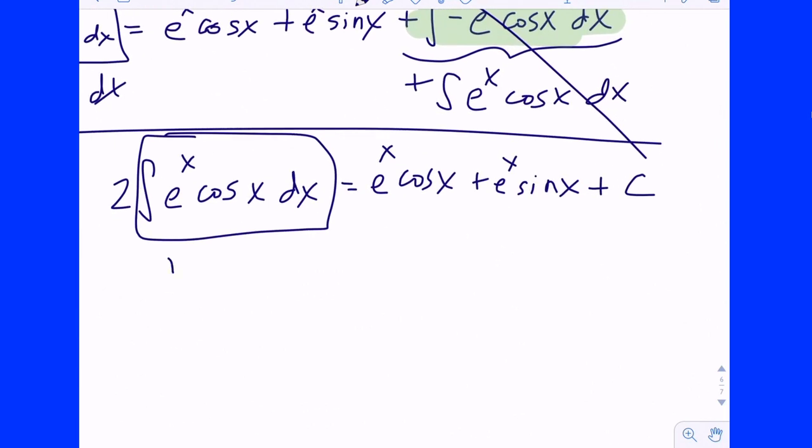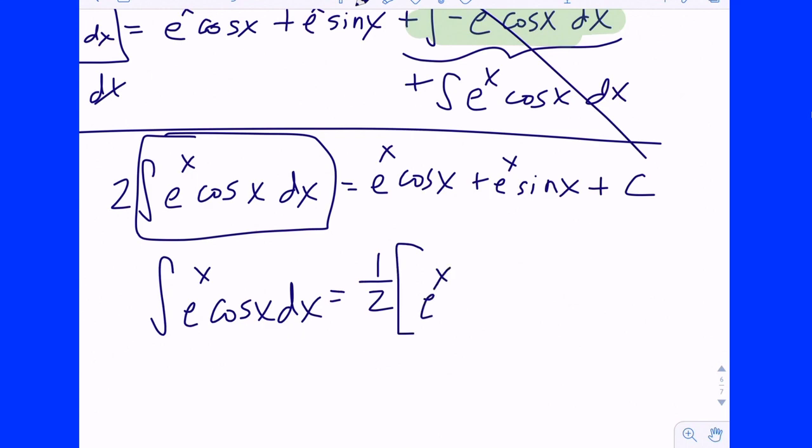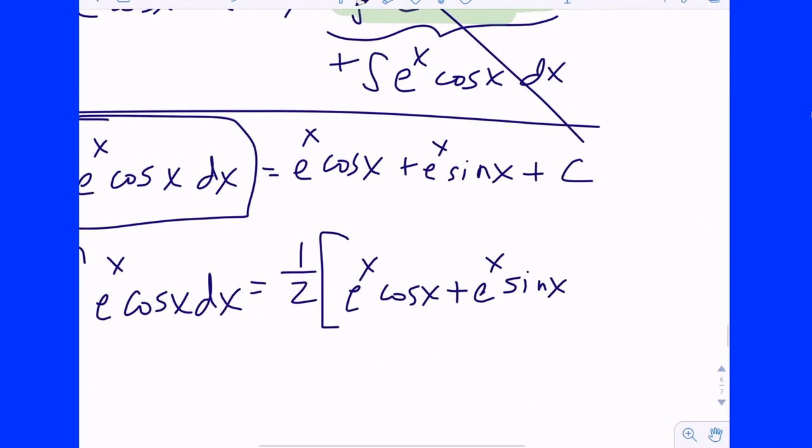Divide both sides by 2, or multiply both sides by a half. So I get that, which is what I wanted, equals 1/2 of this quantity. And of course, you could distribute the 1/2 and let the C absorb the 1/2, so you can put it outside if you want. And guess what? We're done.